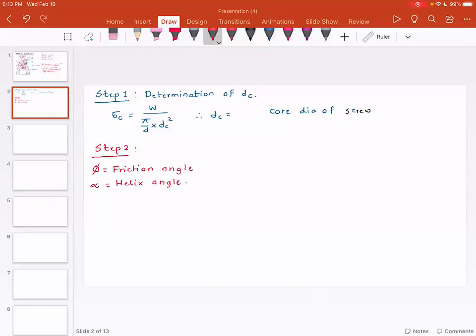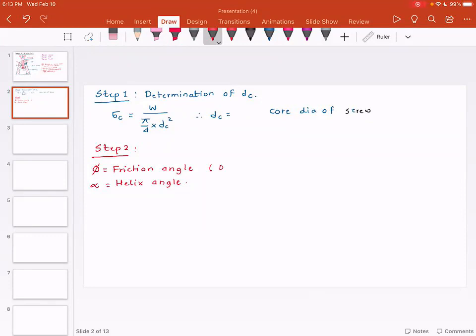Now, if you look at the design data book, and at the screw jack design, they will give you the recommended values of friction angle depending upon the different materials in contact. Typically, the friction angle depends upon whether the nut and screw pair is lubricated or non-lubricated, and what the duty cycle is.